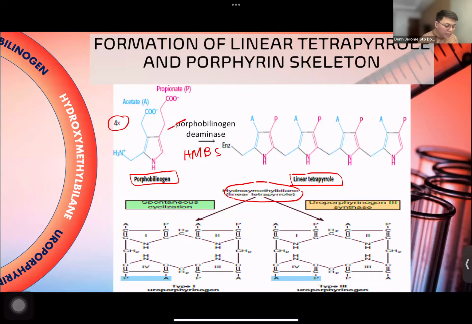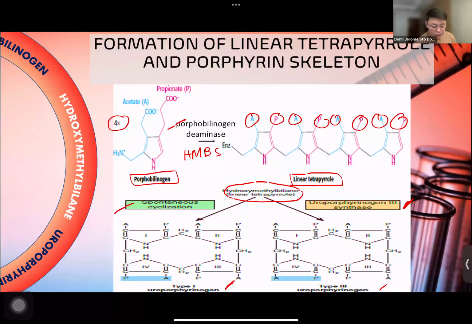What can you notice about the side chain? It contains acetate and propionate side chains. Hydroxymethylbilane can undergo spontaneous cyclization or non-enzymatic cyclization to form the type 1 uroporphyrinogen, or enzymatically with the use of your uroporphyrinogen 3 synthase to form the type 3 uroporphyrinogen.